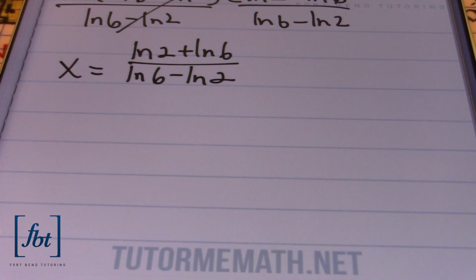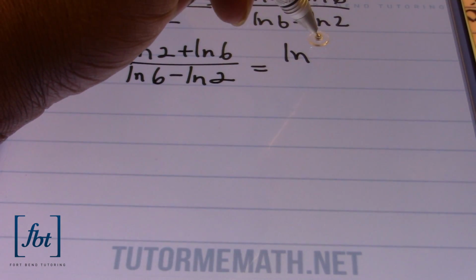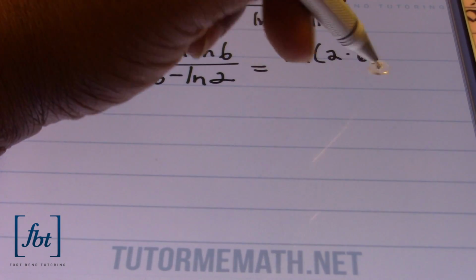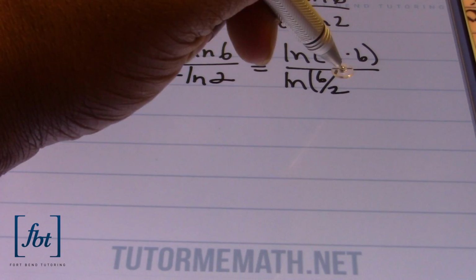I know you can do that type of manipulation. Will that help us? I don't know. I mean, what, you want to do this? The natural log of 2 times 6, and then the natural log of 6 divided by 2?